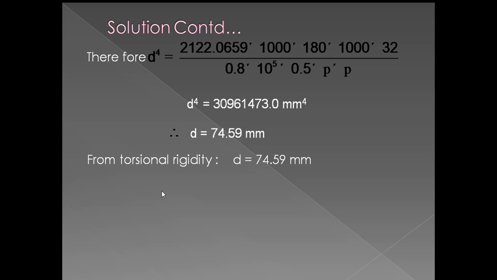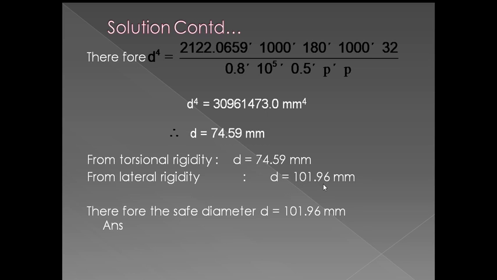From torsional rigidity, D is 74.59 mm. From lateral rigidity, the D value is 101.96 mm. Therefore, the safe diameter D equals 101.96 mm.